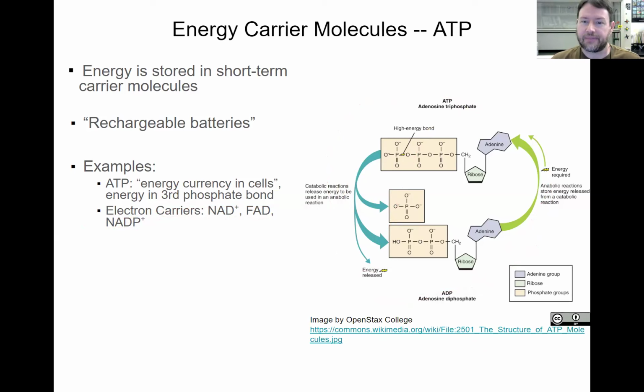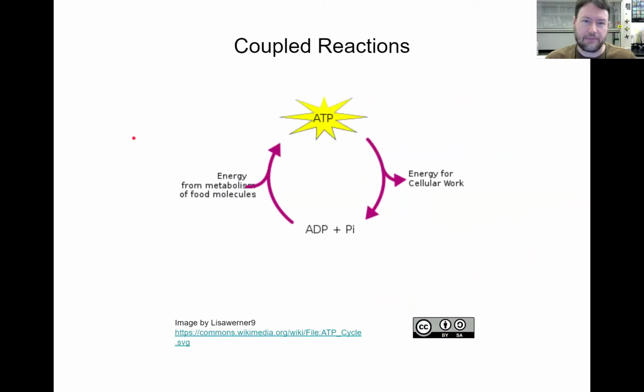All right. So how do these coupled reactions work? Well, basically, the energy from the exergonic reaction that is breaking down glucose and other food molecules can power the endergonic reaction of building an ATP molecule.